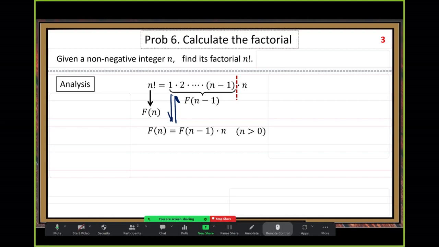And implementation is easy. Here I do not need to tell you how to implement this recursion, so that's not important here. But I would like to use this formula to explain this question: how to see that 0 factorial equals 1?